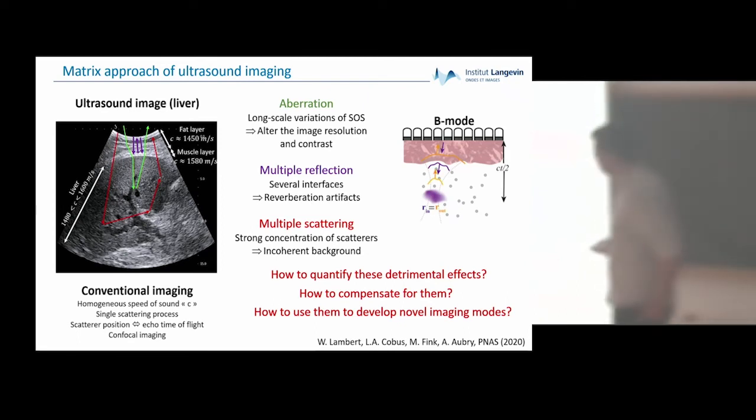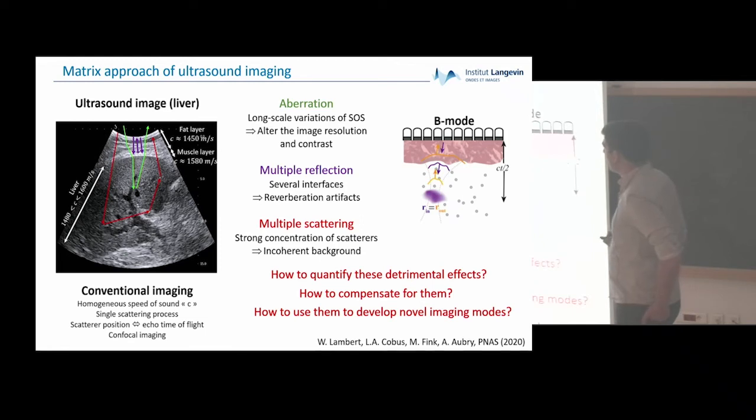This difference of wave velocity can be quite large when you inspect, for example, the liver. This long-scale variation of the speed of sound will result in what I call aberrations, or phase distortions of the wavefront, and they can strongly alter the image resolution and contrast, especially when you want to make a diagnosis and you want the image to be the best, to take the best decision.